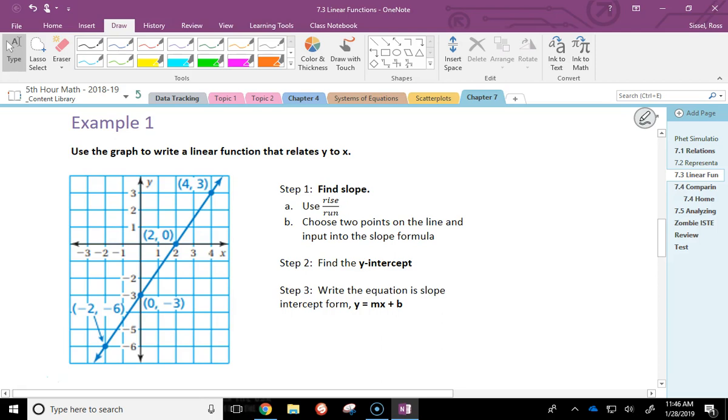One, which is A, I could use rise over run, which means I can look at this visual and tell my rise over run from my graph. Or I could choose 2 points on the line and input them into the slope formula.